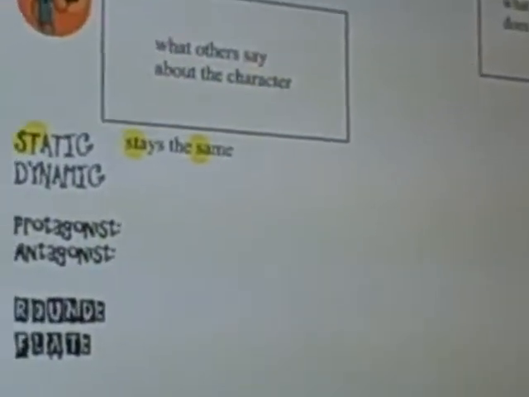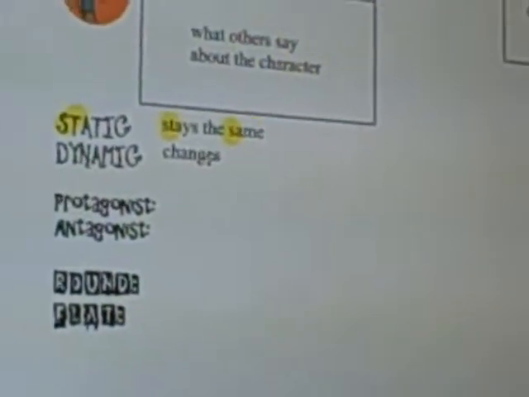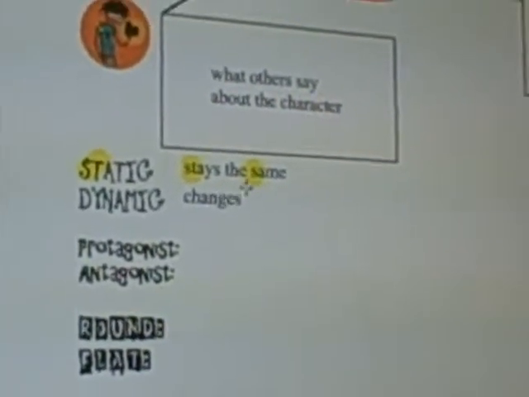So a static character stays the same throughout the course of the novel or the short story. They do not change at all. I mean, maybe they are taller or something, but they don't really change who they are as a person. Dynamic changes. They change. Something about them at the end is now different. They've come to a different conclusion in life or whatever.